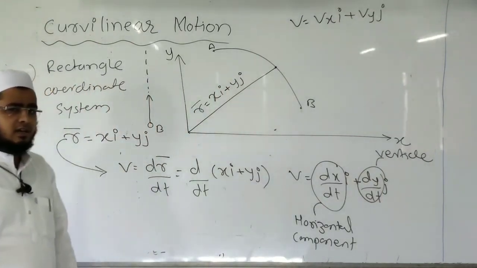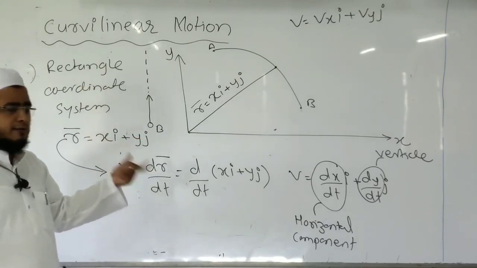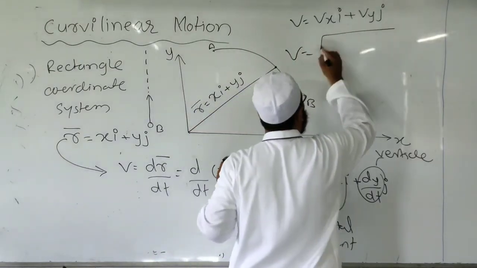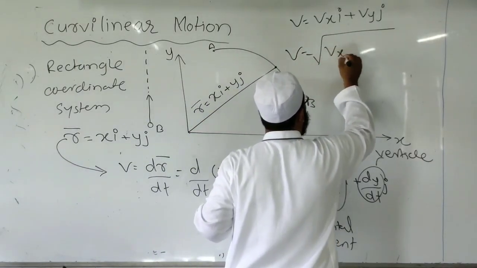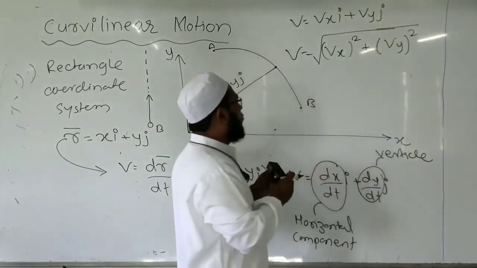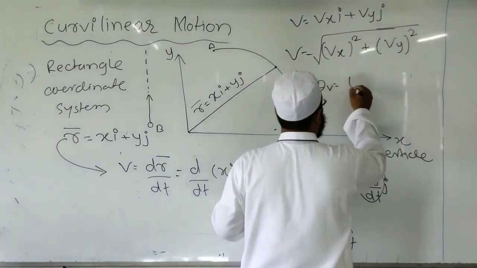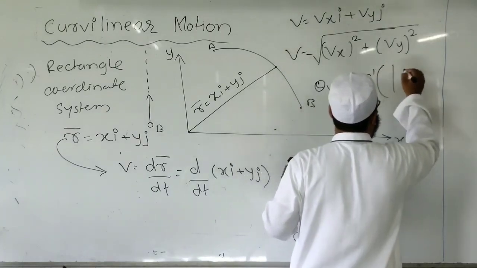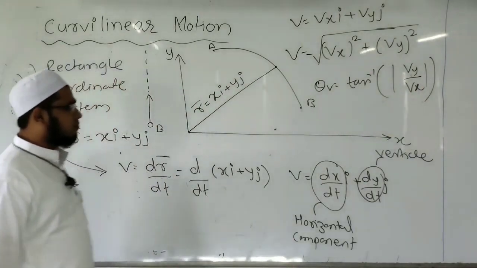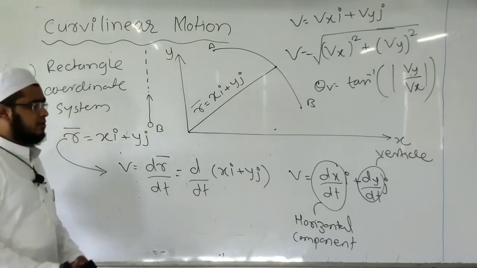As we know that in the rectangular coordinate system x and y are perpendicular to each other, if I require the magnitude of velocity v, then whenever two vector quantities are perpendicular to each other, v equals root of vx square plus vy square. If direction theta v is required, then it is tan inverse of mod of vy divided by vx.